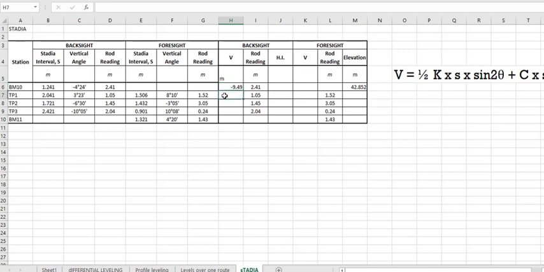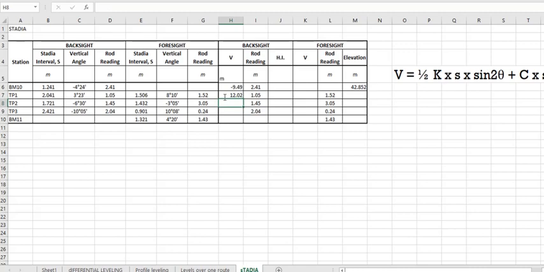Okay. Then, for TP1, 1 half times K of 100 times S of 2.041 times sine of 2 theta. The angle is 3 degrees 23 minutes, so the value is 12.02.